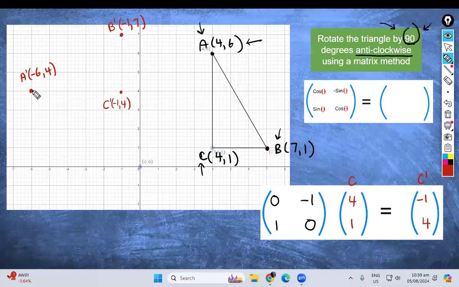If you connect this, does it look like it got rotated by 90 degrees? Is there a way to check that? Oh, by the way, this formula only works if we rotate about the origin.